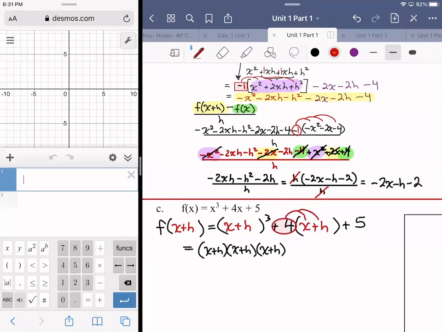The 4 gets multiplied by the x and then by the h, so 4x plus 4h. And then we have the plus 5 at the end. But this is the elephant in the room, right? The x plus h times x plus h times x plus h. It's not pretty, but it's manageable.